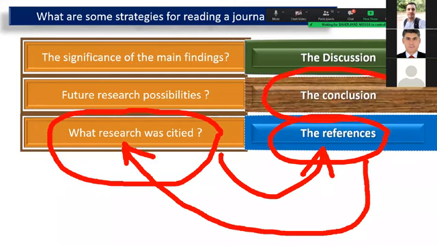If you want to find which articles the authors used, we go and check the references the authors use. From the conclusion, we can find future research possibilities. From the discussion, we can find the significance of the main finding.